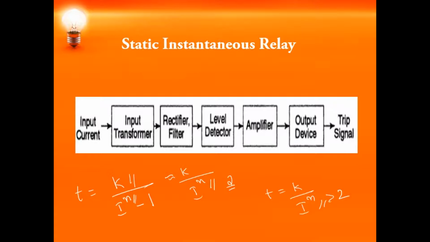The other advantages of using static relays are, first, the burden on your CT is very less, so you can use a smaller CT. The second one is the space required is small compared to the other relays, because static components require less space.